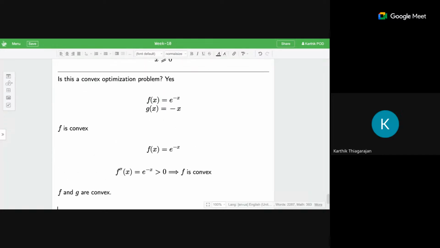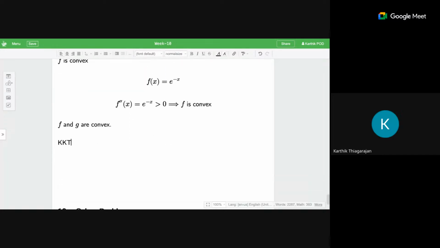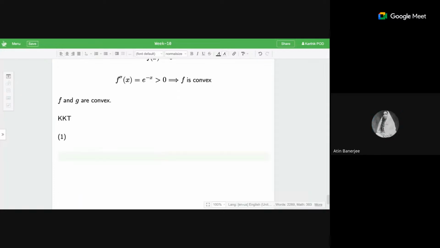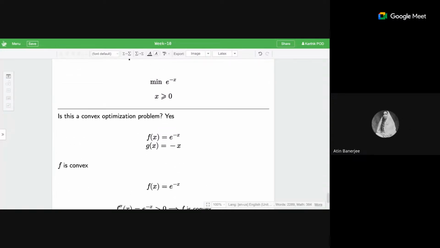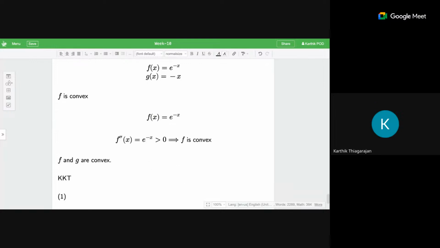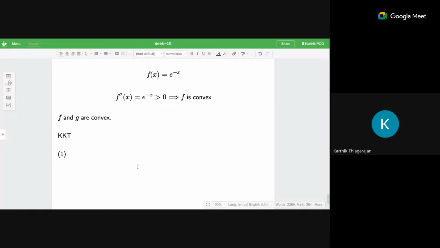Therefore, let's see what the KKT gives us. KKT will be very funny for this. Since g of x should always be less than or equal to 0, if x is negative... no wait, x is always positive. We'll come to the understanding of it soon, but before that, let's just quickly do the KKT.